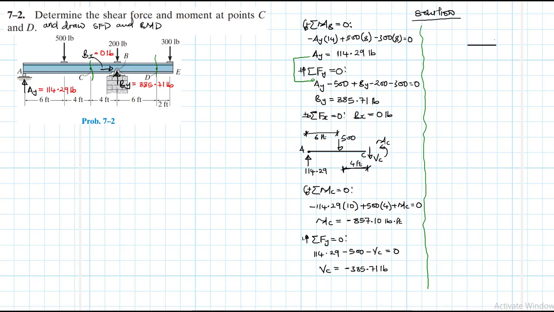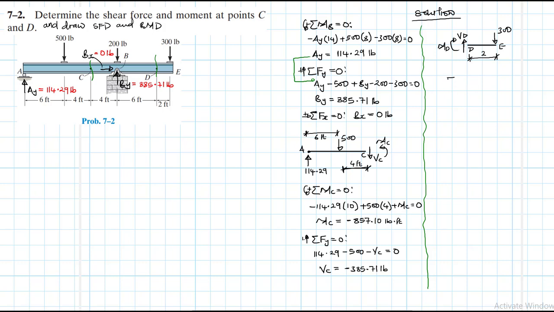Okay, so that is 300 pounds. This point is E, and then this point is G, and we have here a shear of VD and a moment of MD, and the length of this segment is 2.